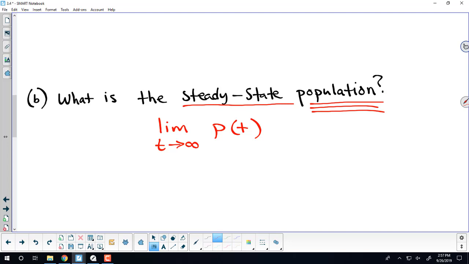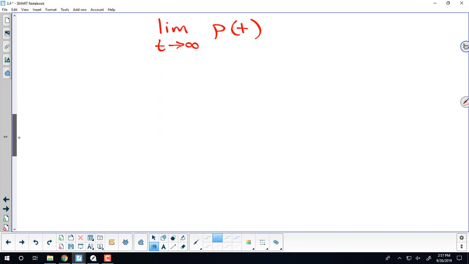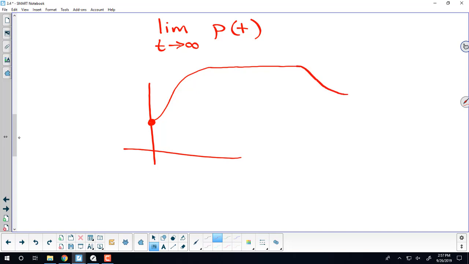Probably every other species but humans, their population is going to look like this, right? You start off with some population, and then they reproduce, and then they reproduce, but eventually they're going to flatten off. Maybe even the population decreases after it levels off, like with the introduction of more predators or something. That would be a steady state population if that population leveled off.